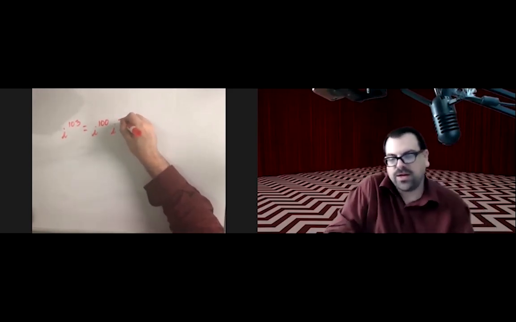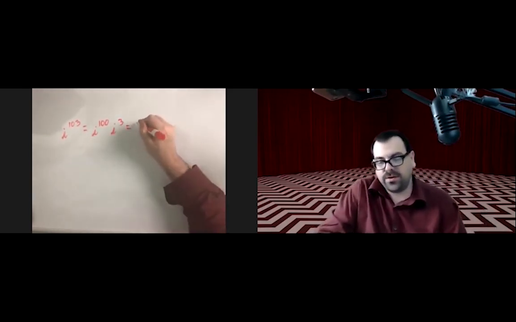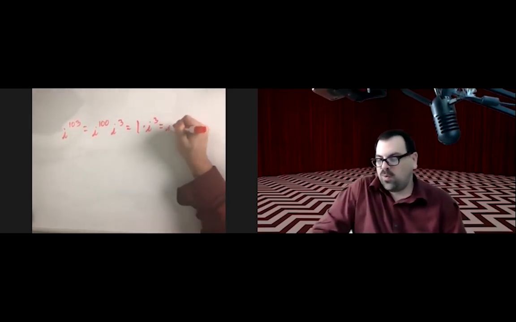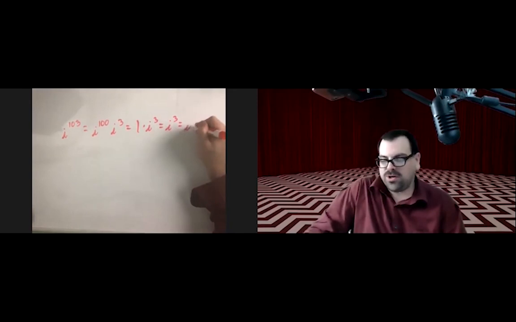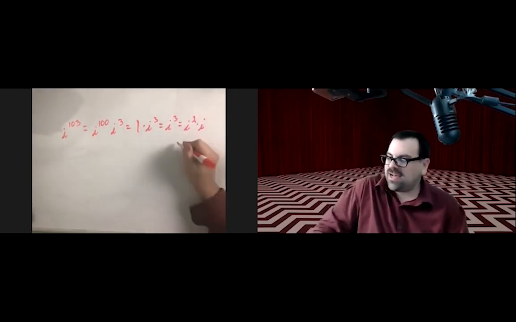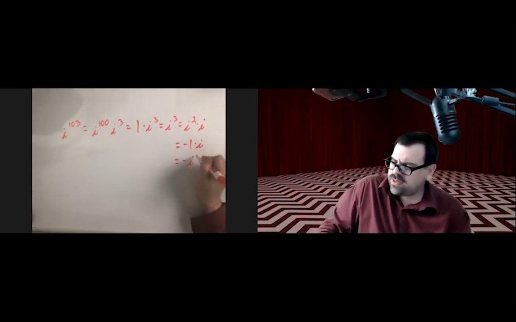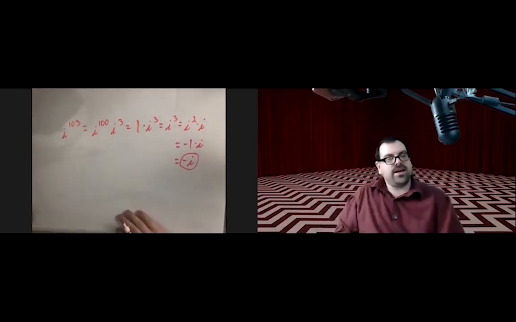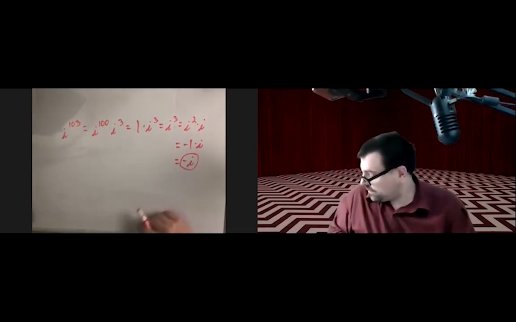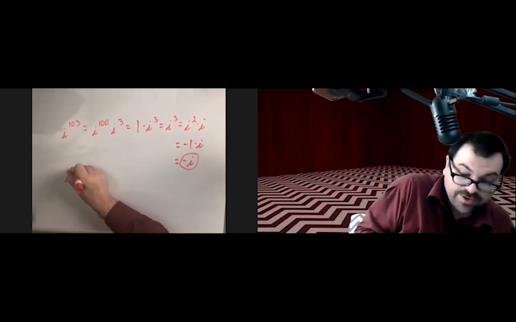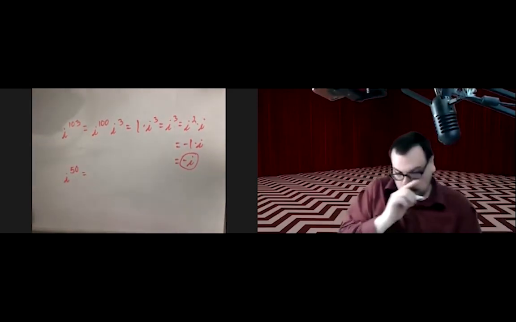This is I to the 100 times I to the 3rd, which is 1 times I to the 3rd, which is I to the 3rd, which is I squared times I, which is -1 times I, which is -I. These are kind of fun. Anything is fun once you figure out you can do it.